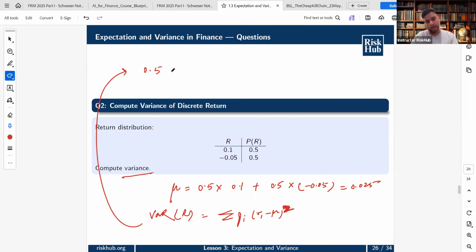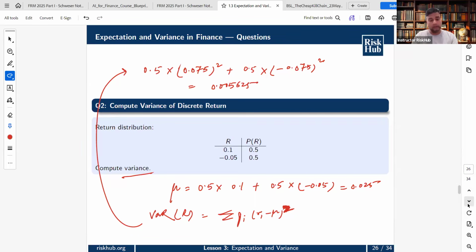Basically 0.5 into 0.075 squared, plus 0.5 into 0.075 squared, is equal to 0.005625. So variance measures dispersion of returns, which is risk. You understand that, right?